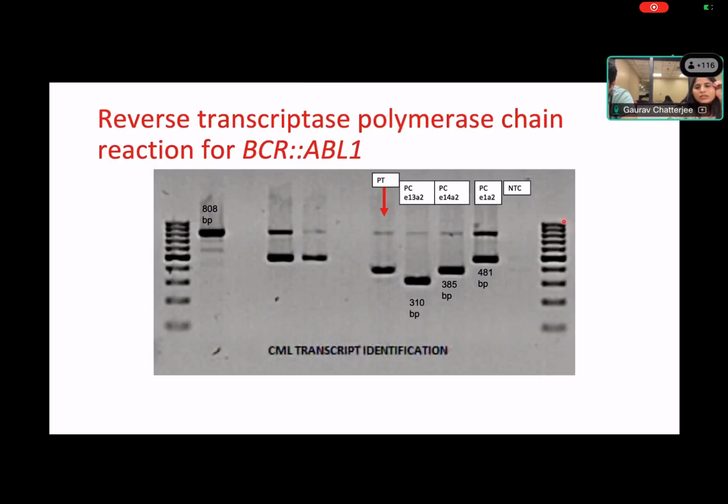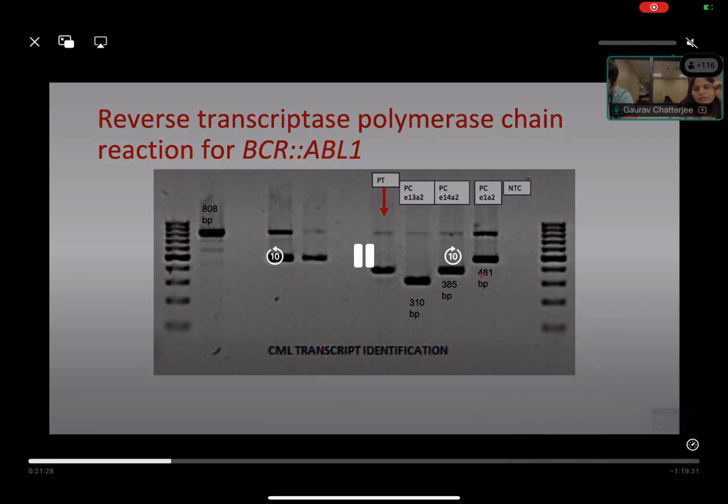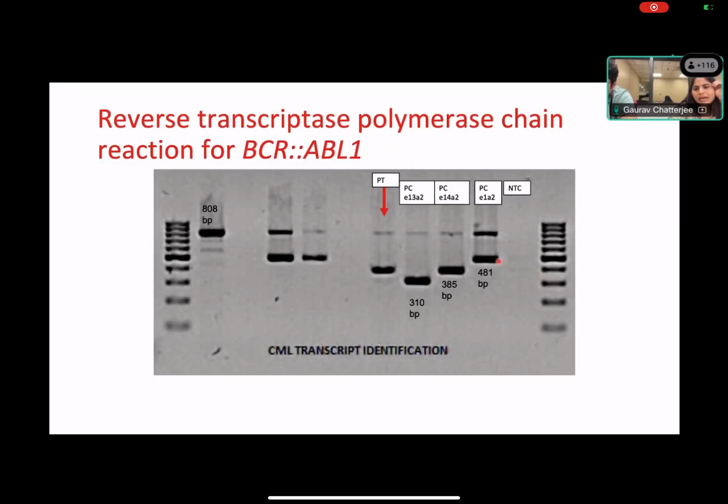It goes this way, and this is a 1000 base pair ladder. Compared to this, this band is around 300 base pair, this band is nearing around 400, and this band is nearing around 500. Similarly, this upper band is nearing around 800 base pair. So in our patient, we are getting two bands. One is around 800 base pair, and the other one is nearing around 400 base pair.